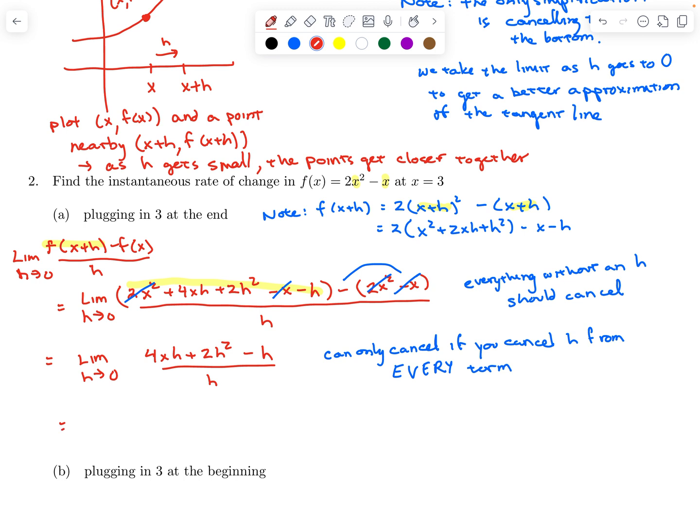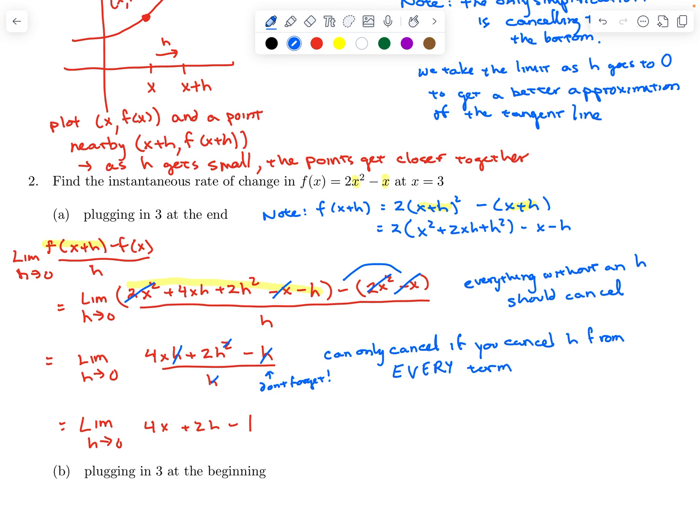Okay, so I can cancel an h if I cancel it out of every term. Yeah, if you cancel the h, it leaves a 1.